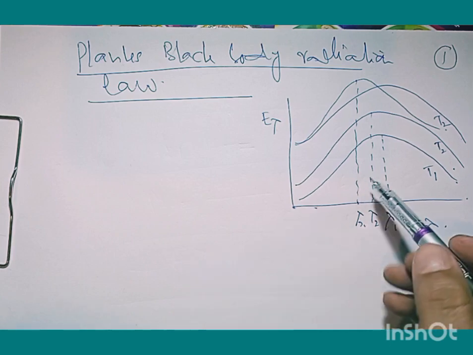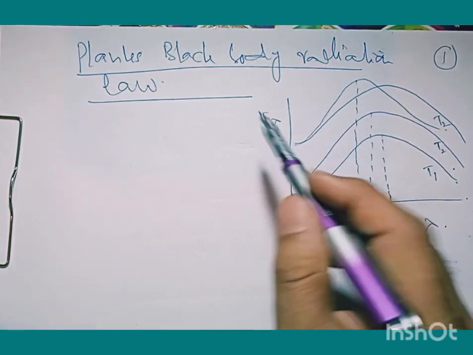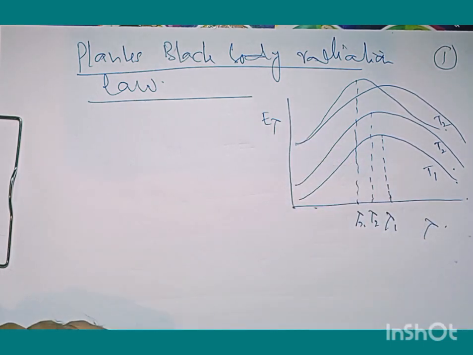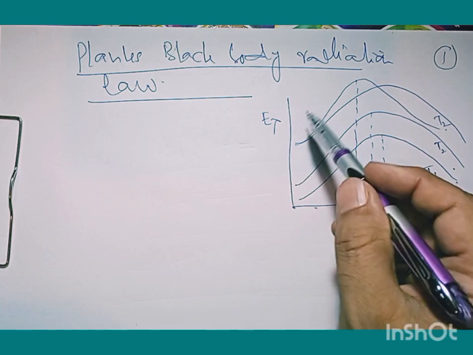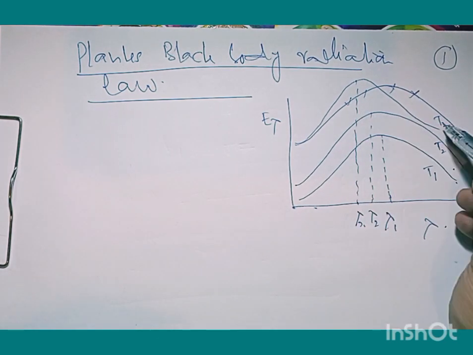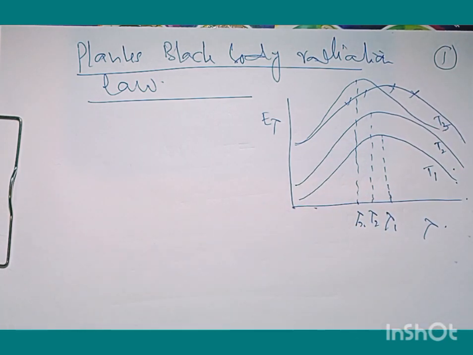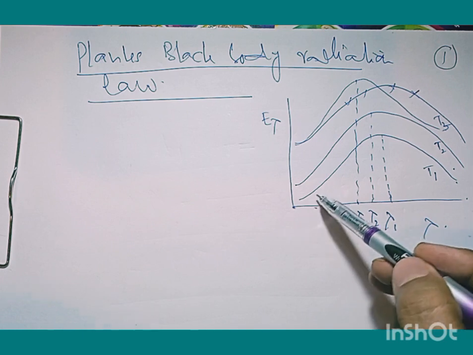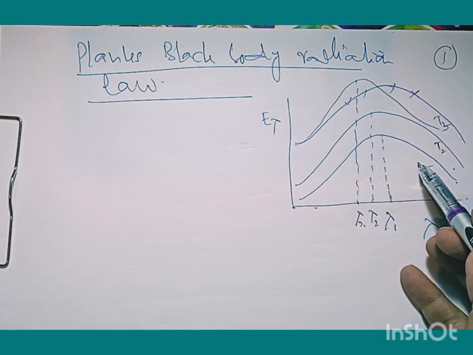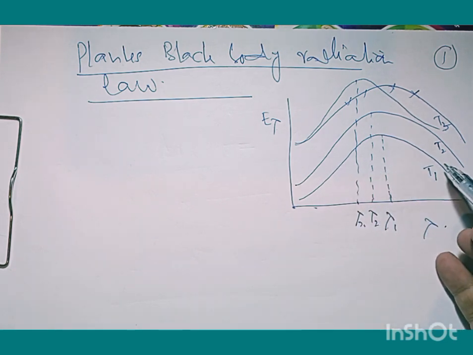Now, what is observed? We have some experimental setup where we can draw the curve between the wavelength of the radiation and the energy. What is observed in these curves? This is the wrong part of the curve T3. Okay. What is observed is that the energy is not uniformly distributed in the radiation spectrum. We can see there's variation of energy.